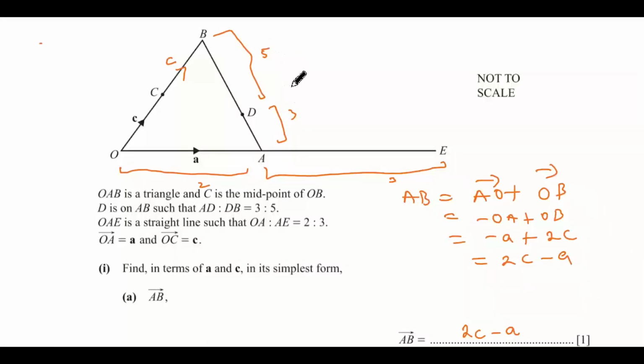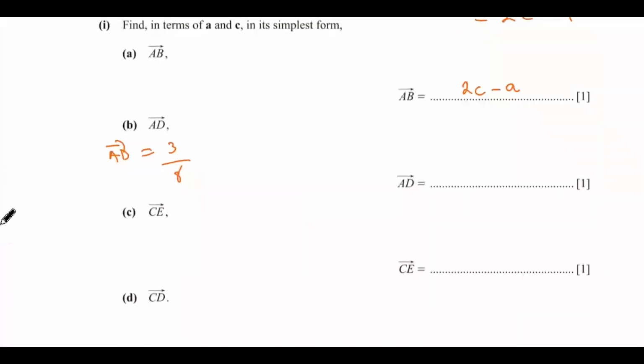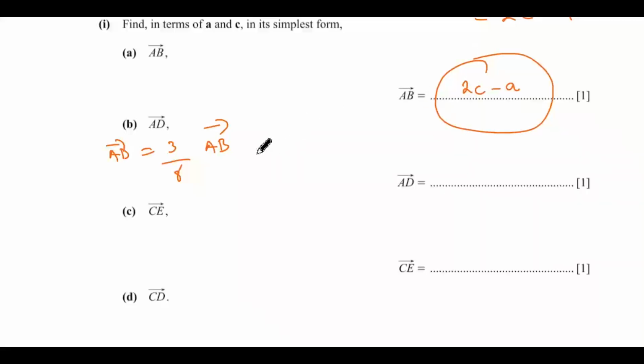So multiply by vector AB, which we just found. This will be 3 over 8 into 2C minus A. That will be the answer there.